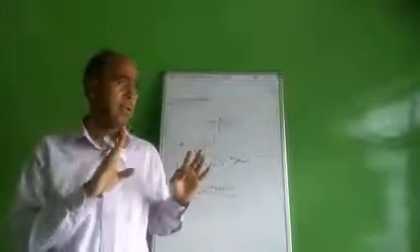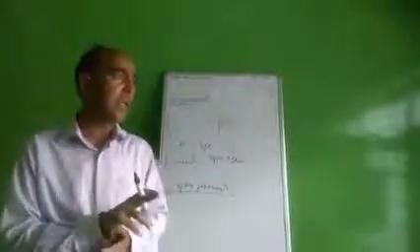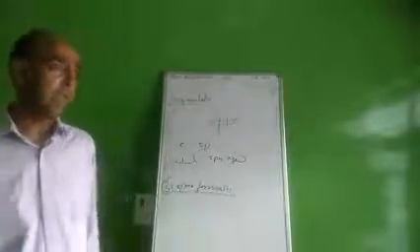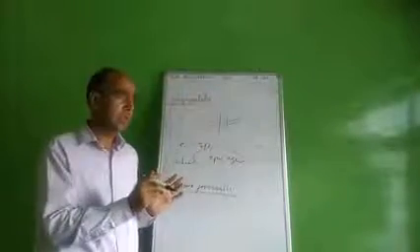Spores are thus different from gametes, which must fuse in pairs to give rise to a new individual. I already told you spores are the agents of asexual reproduction, whereas gametes are the agents of sexual reproduction. Gametes, male and female, sperm and ovum, are the agents of sexual reproduction.